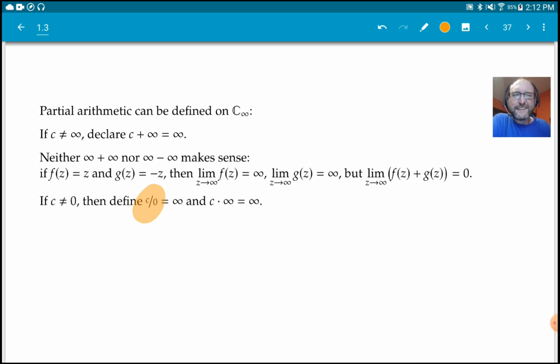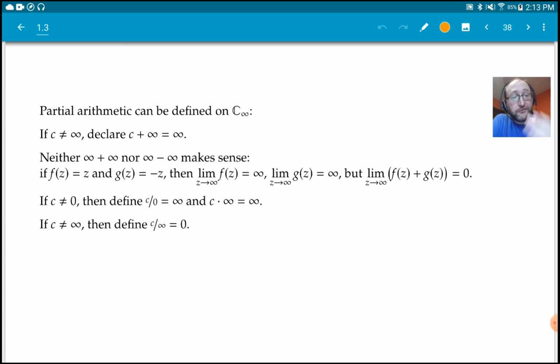It's not really that; this is talking about a limit, so it's still undefined in terms of complex numbers. This is using the Riemann sphere. And similarly, if c is not 0, then c times infinity is still infinity, including infinity times infinity is still infinity. That's fine.